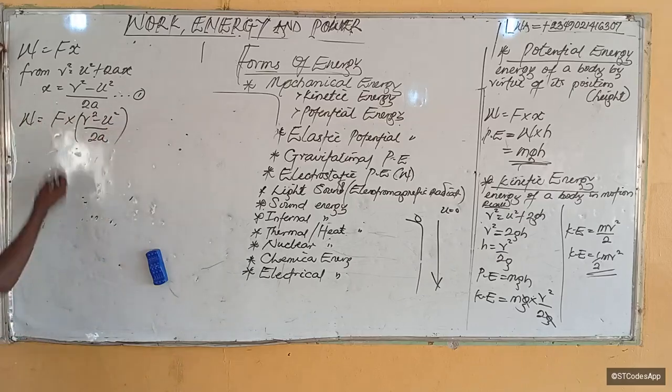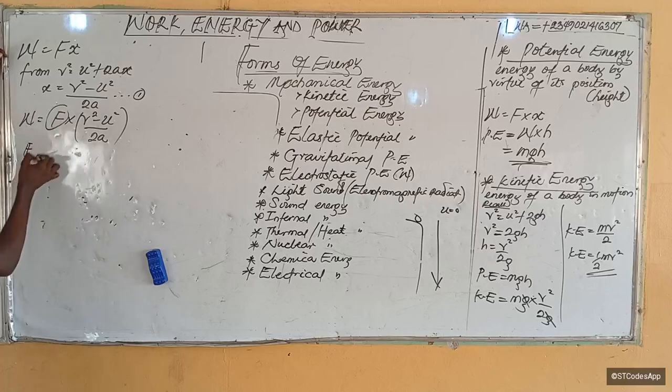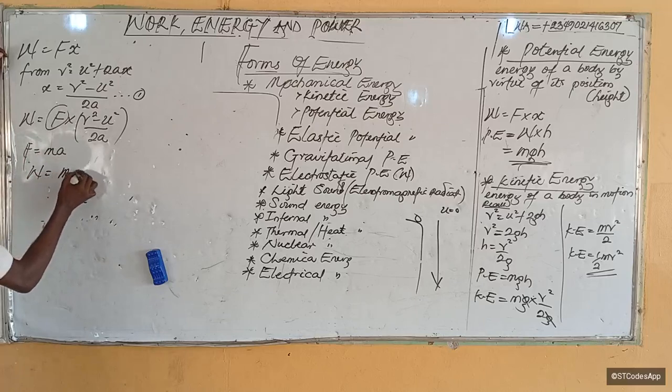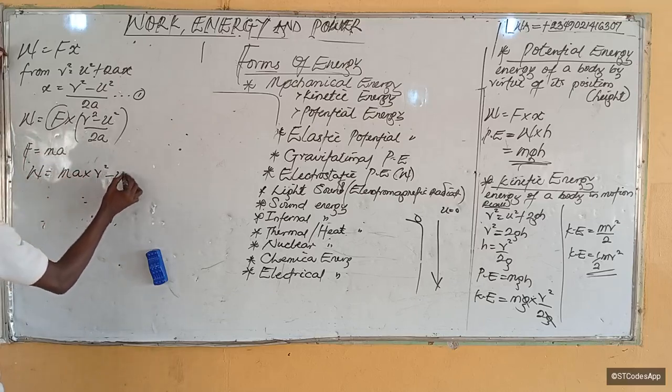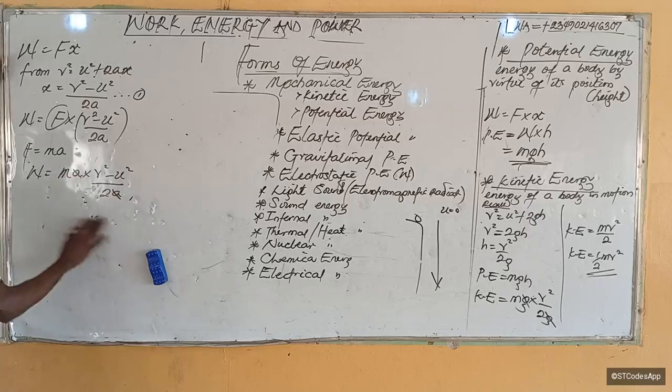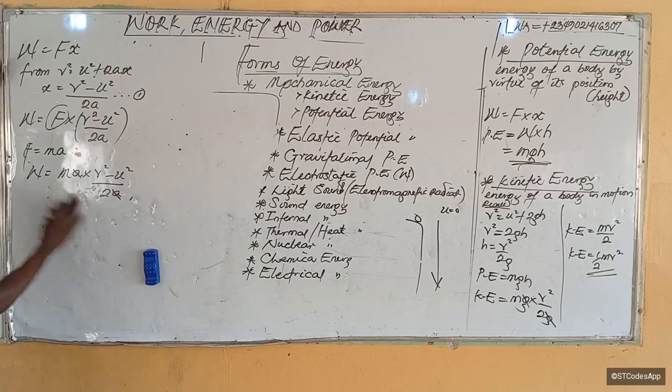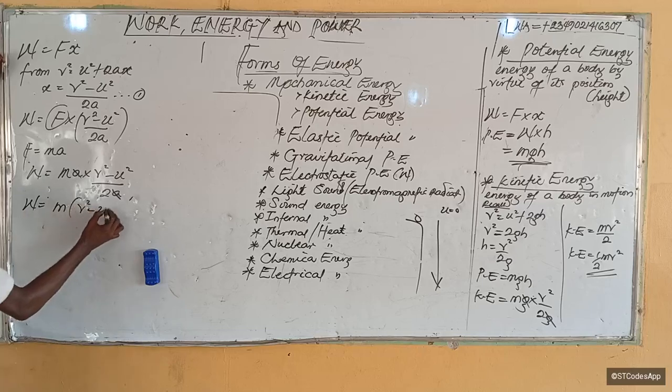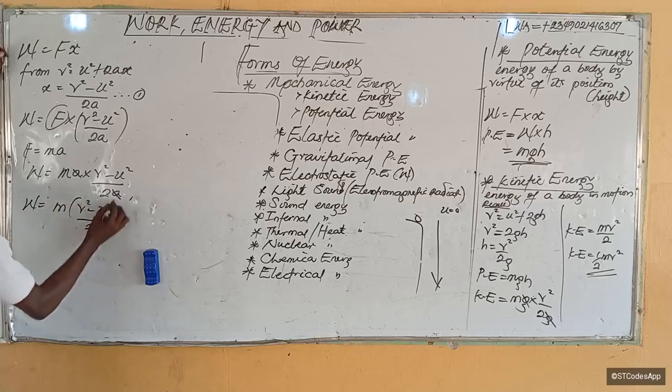Is this clear? And recall that F is ma. Therefore, W becomes ma times (v squared minus u squared) over 2a. a takes care of a, in which case we have W equal to m times (v squared minus u squared) over 2.